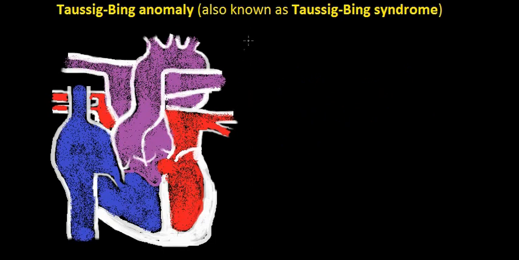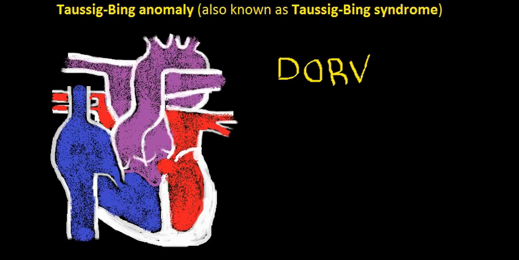So let's summarize them over here. As we said, the double outlet right ventricle is the first. Second is the malposition of the pulmonary artery.